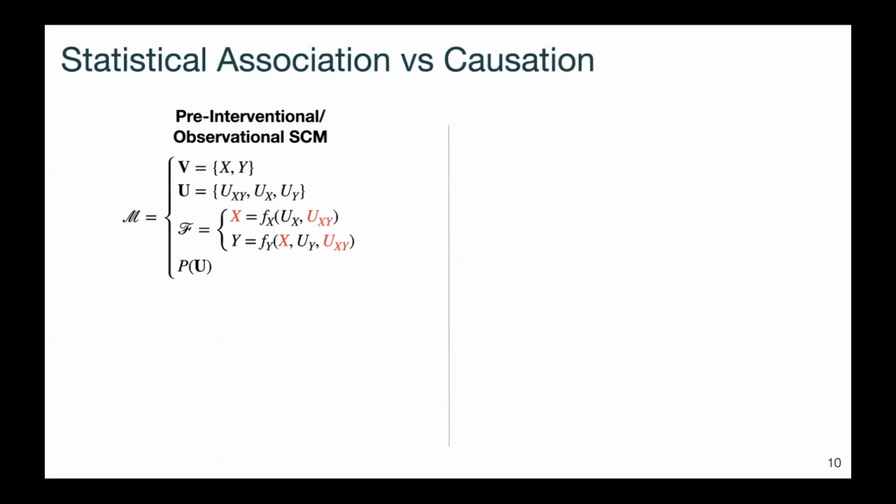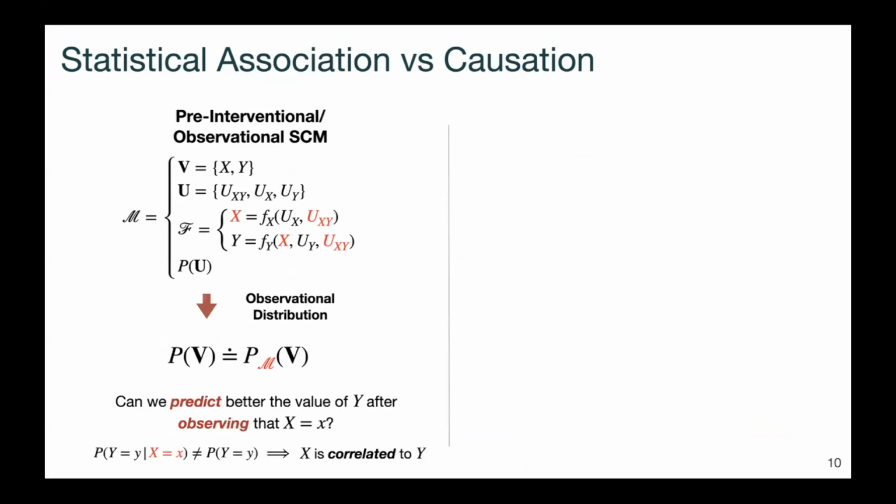So imagine that you have the structural causal model, the functional causal model. This model implies a distribution. This distribution is the observational distribution. And from this distribution, you can, for example, answer questions related to prediction.